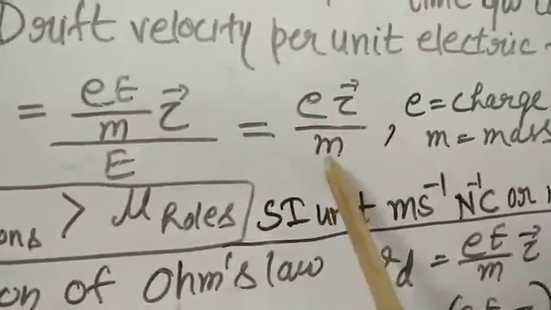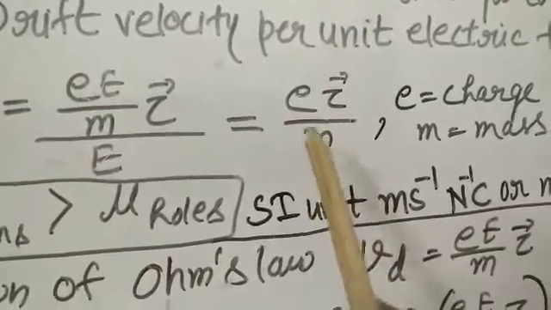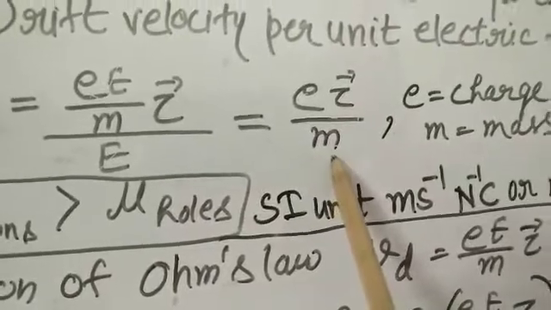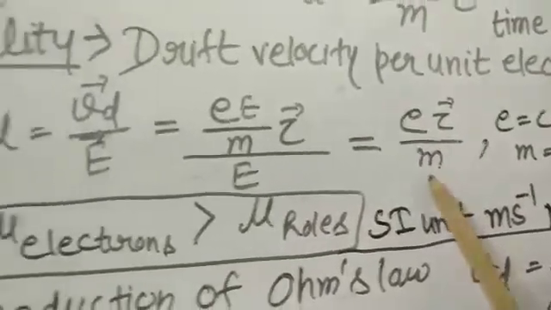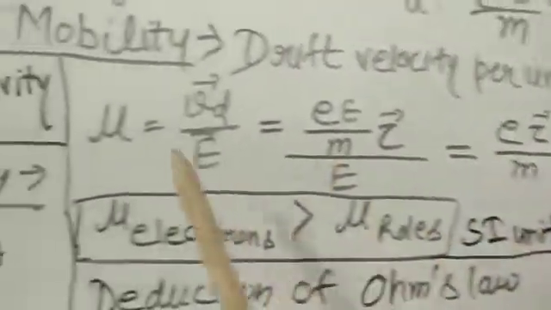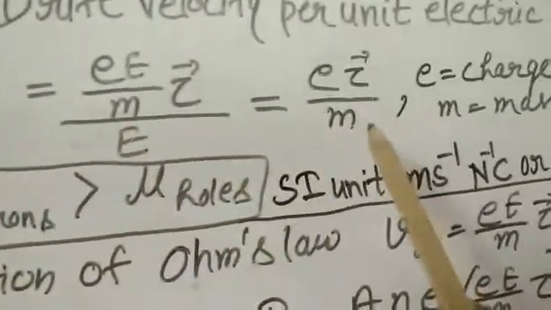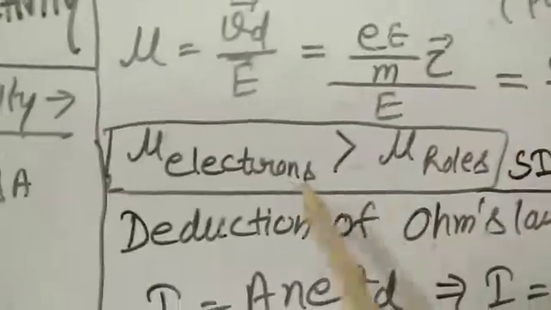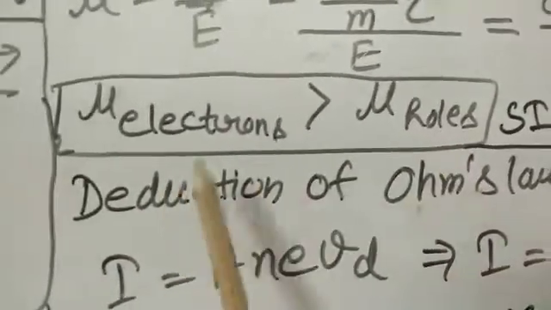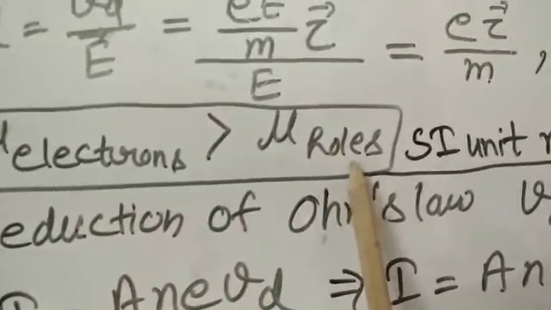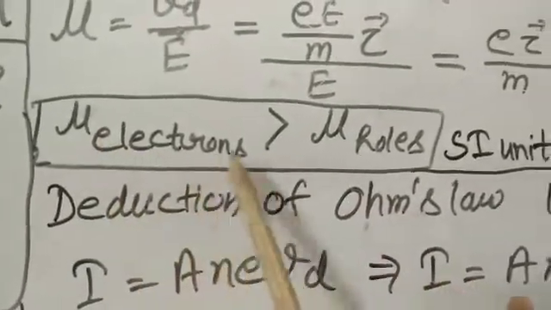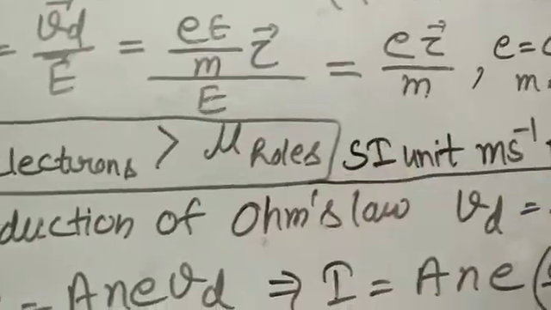The mobility of the proton is less because its mass is greater. Electron mass is less, so electron mobility is greater. Holes mean positive charge carriers, and hole mass is greater than electron mass, so the mobility of electrons is greater than the mobility of holes.